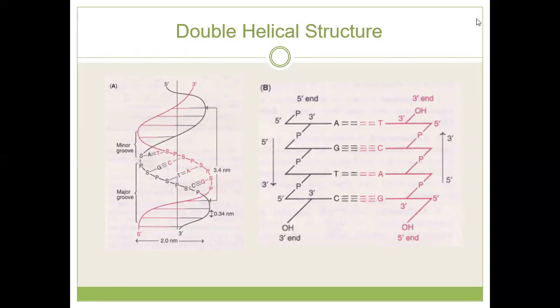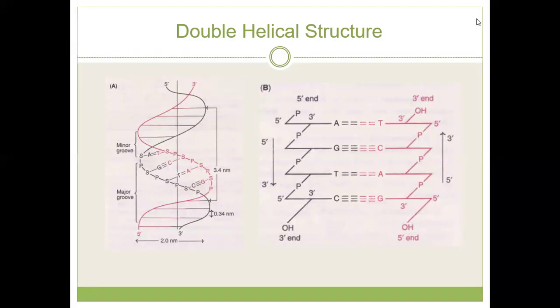So when you have these polynucleotides as a double strand, usually the two strands are twisted around each other to have a common axis.